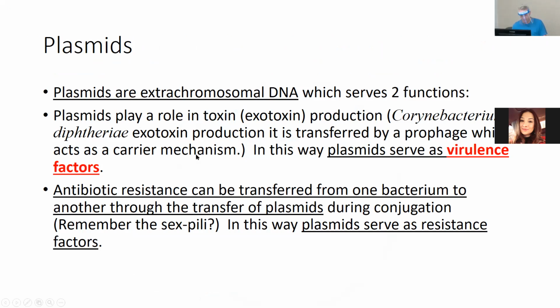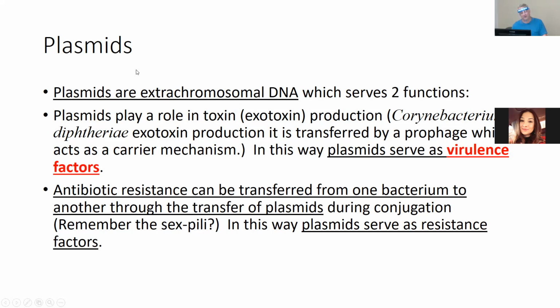We're not going to get much into that, but plasmids are virulence factors too. If I can be transferred, and then I become an exotoxin, then I am a virulence factor. I cause a more damaging disease than if I wasn't around.